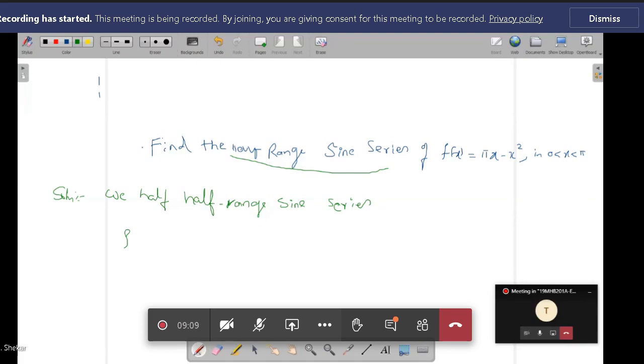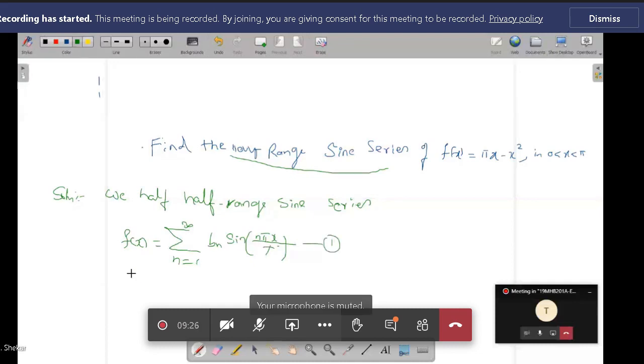F of x equals summation n running from 1 to infinity bn sine n pi x by t, equation 1, where bn is 2 by t integration from 0 to t.